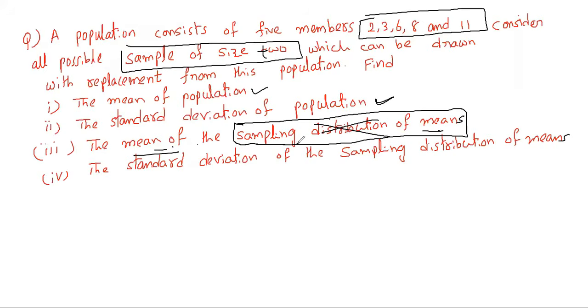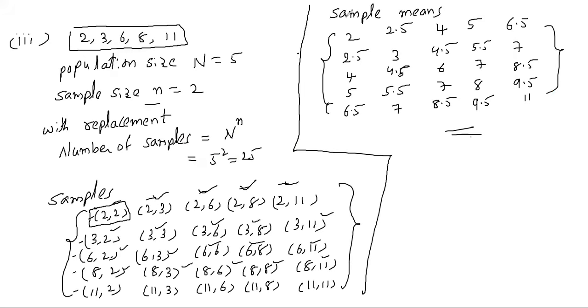Check the question: mean of sampling means. You got the sample means, and for these sample means you have to find the mean. Now we write the sample means on a fresh page because we need them.